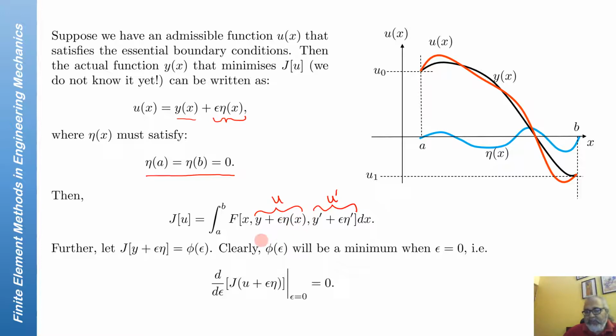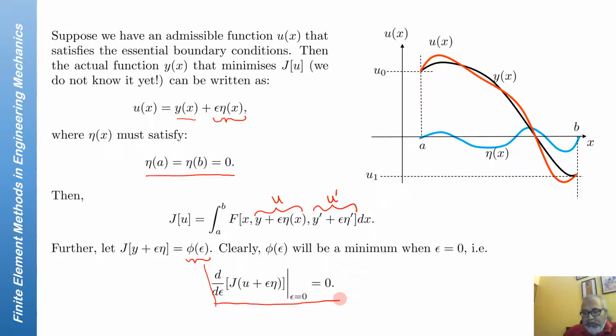Eta is an arbitrary function, so this whole thing is a function of epsilon, and let's call that function phi(epsilon), and this will be a minimum when d phi by d epsilon is equal to 0. So the problem of finding y has been reduced to a problem of finding a value of epsilon that minimizes phi(epsilon).